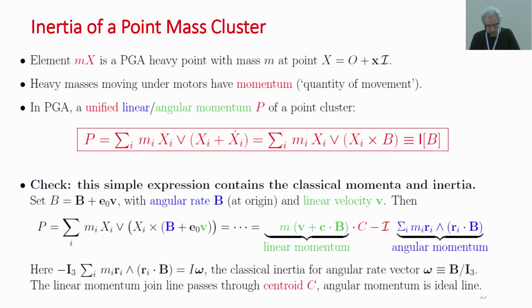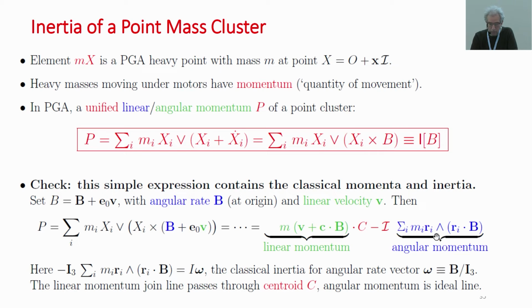It seems completely innocent, but you may not trust that this is the same inertia that you may know from classical physics. It is, if you do a very stupid split of the bivector into, let's say, a rotation around the origin and a translational component, and you do the computation of this function. Then you will find a linear momentum relative to the centroid of this object, something like the v of the centroid, plus a little bit because it's also rotating because of the b, plus something that you recognize as very close to the classical formula for how you compute inertia and angular momentum.